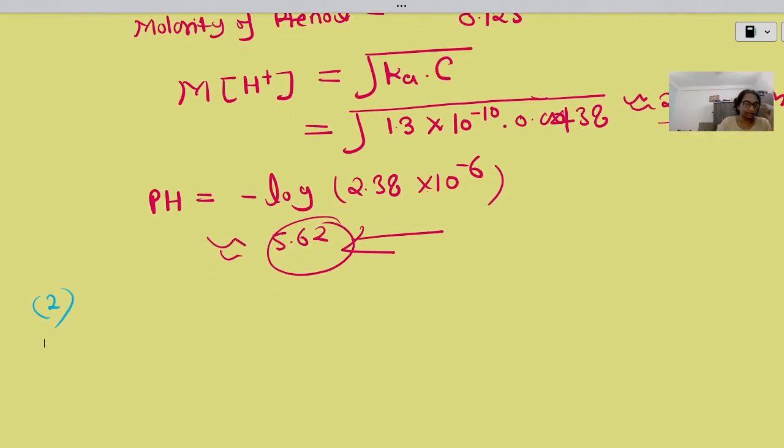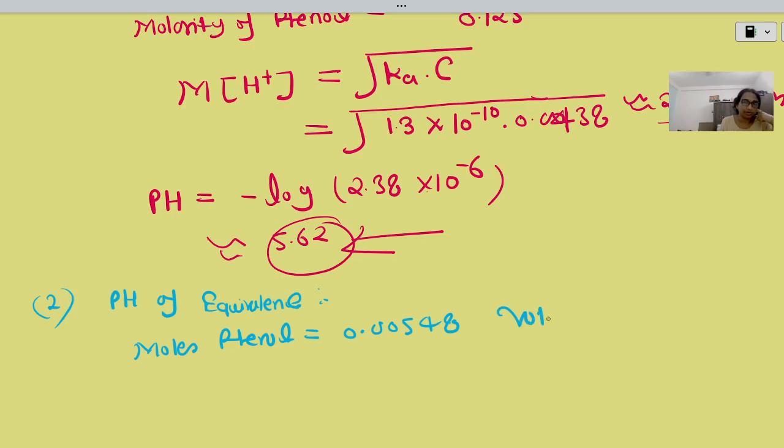At the equivalence point, moles of phenol is equal to approximately 0.00548. The volume of sodium hydroxide is also needed, and you can calculate it with the help of the formula.